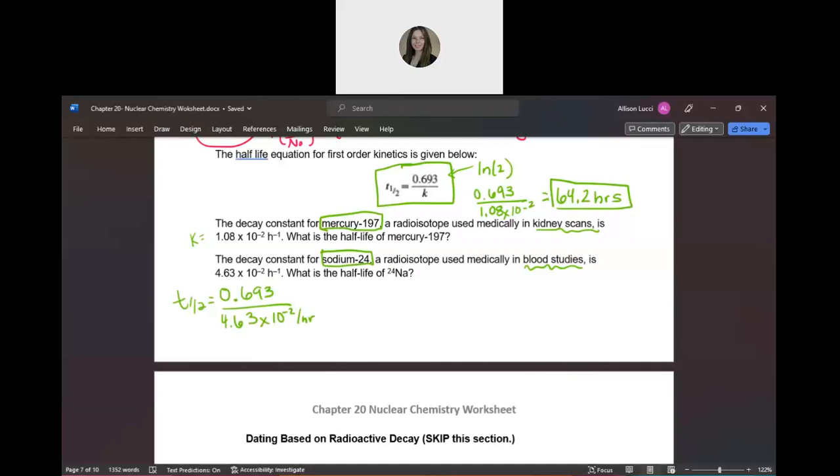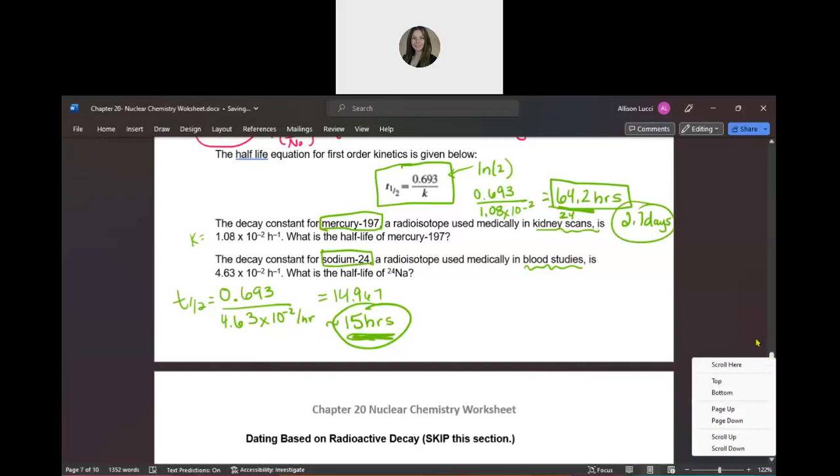We get 14.967, or we could say approximately 15 hours. And if we were asked for days, we would divide by 24 and get 2.67 days, or let's say 2.7 days. This is less than a day, so we probably wouldn't be asked to find the half-life in days for the sodium isotope.